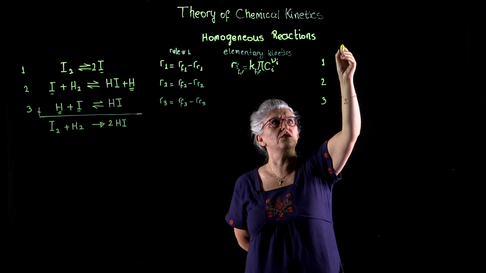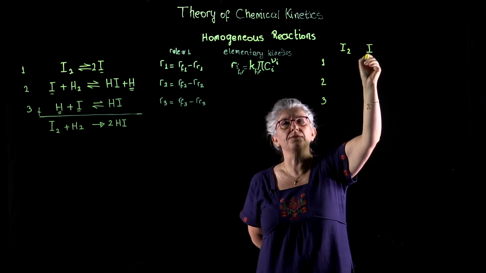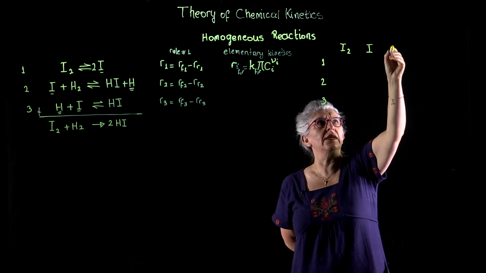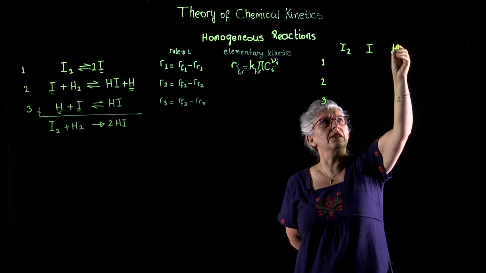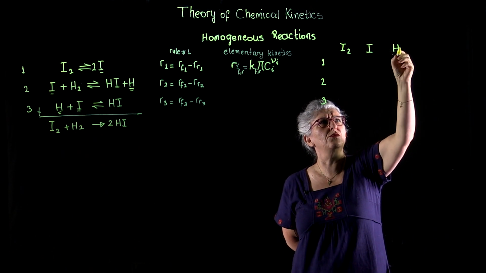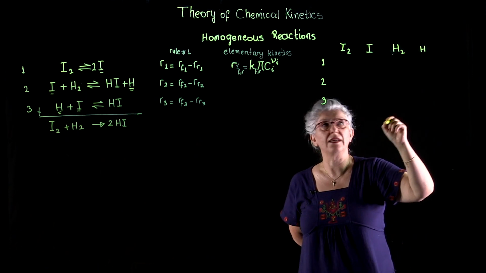So we have components as I2, I, H2, as they appear in the reaction network, H2, H, and HI.